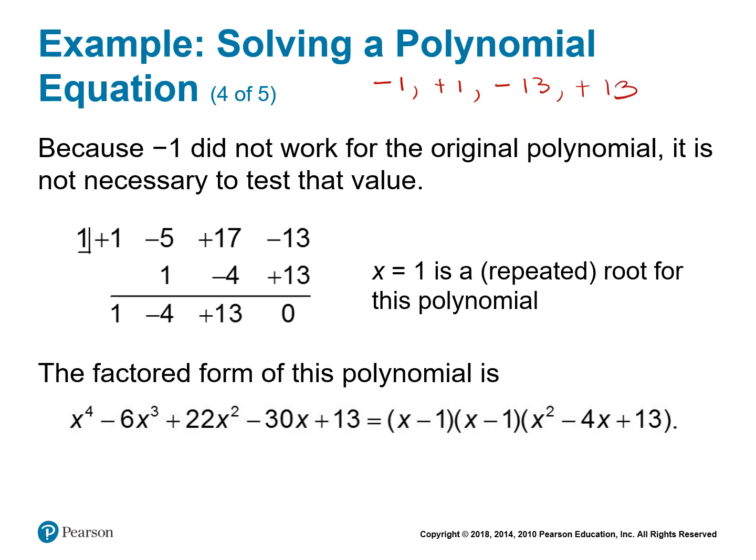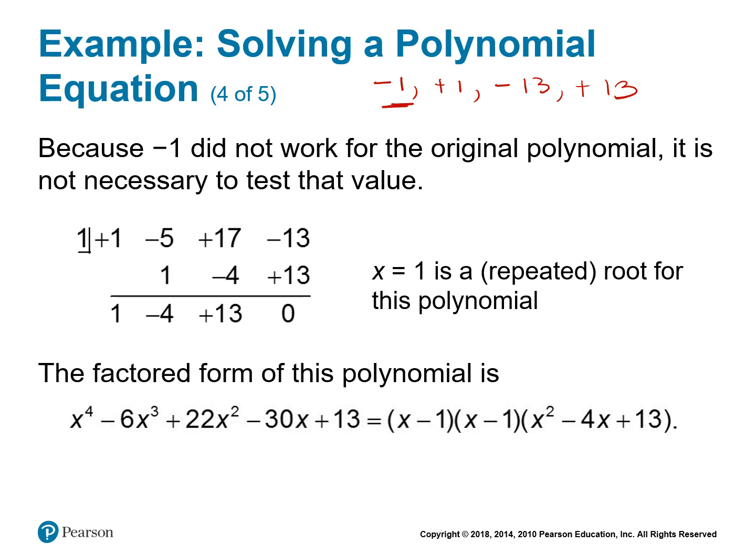Now, when we first started the synthetic division on the original polynomial, we saw that negative 1 did not give a remainder of 0 on the original polynomial. All right, we had eliminated negative 1. Now, since it did not work for the original polynomial, we can eliminate it completely from our list.